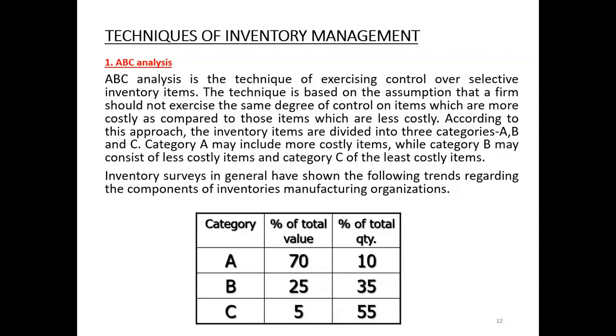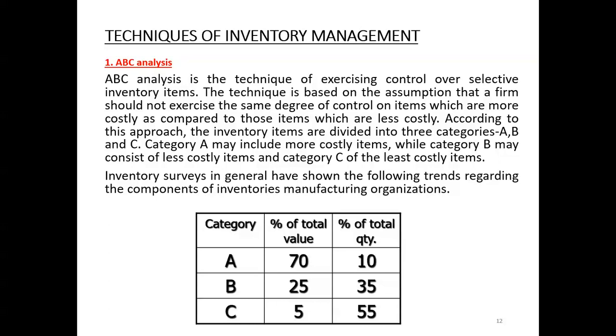There may also be a moderate situation where items are average in number and average in value. Based on this, the materials may be classified into category A, category B, and category C. In category A, the total quantity might be small, but the value is very high. So I am going to give importance to the value of the items.